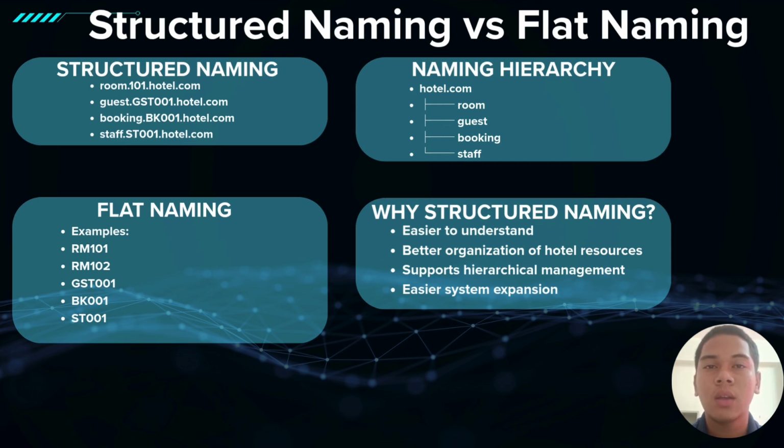Structured naming uses hierarchical names such as room101.hotel.com, guest101.hotel.com, and booking101.hotel.com. These names clearly indicate the resource's category and make the system easier to understand. We selected structured naming because it provides better organization, improved readability, supports hierarchy and resource management, and allows the system to scale efficiently as more rooms, guests, bookings, and staff are added.